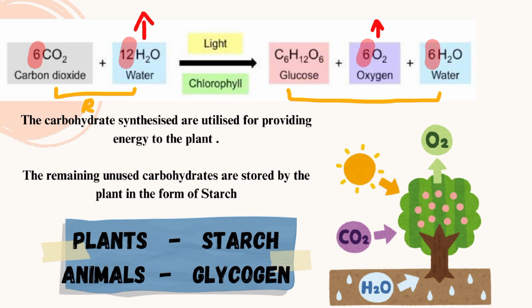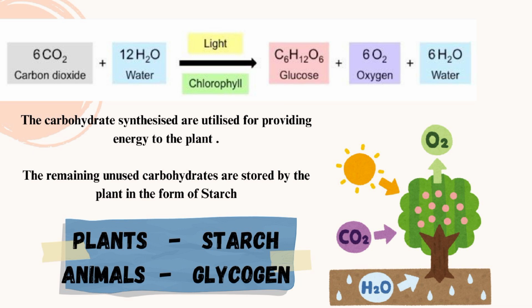Okay, now if you are looking at this equation, we know that glucose is synthesized. This glucose or the carbohydrate which is synthesized is used for providing energy to the plant. Okay, once the energy need of the plant is met, the excess glucose or carbohydrates which is synthesized needs to be preserved, and the remaining unused carbohydrates are stored in the plants in the form of starch.